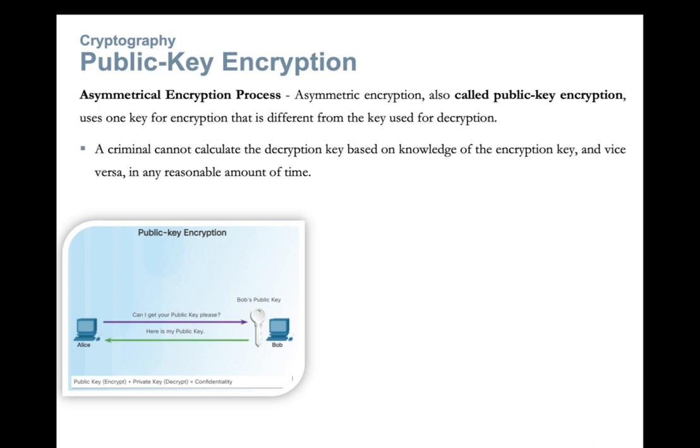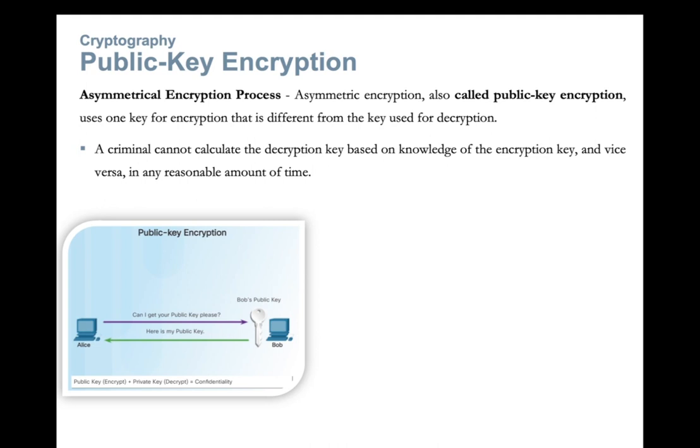When Alice locks the box, she is no longer able to get inside because she does not have a key to that padlock. She mails the box to Bob, and as the box travels through the mail system, no one is able to open it.